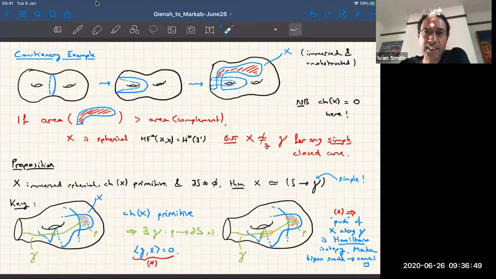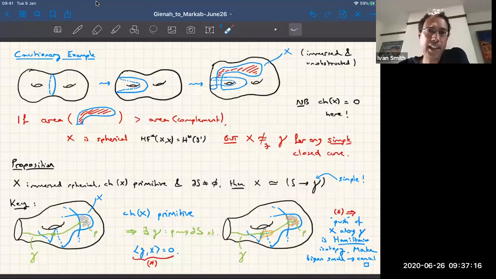On the other hand, if the area of this lobe that I push through is larger than the area of this region that I used to bound over here, then there's no room to undo this push by moving X by zero flux, in other words, by something that could be a Hamiltonian isotopy.